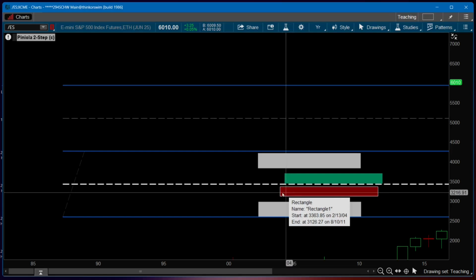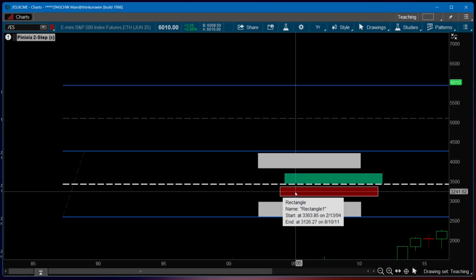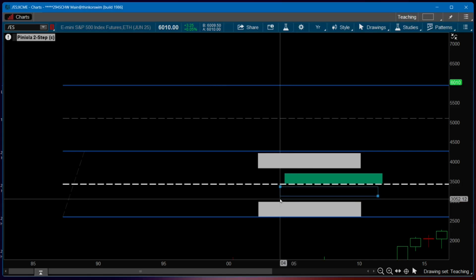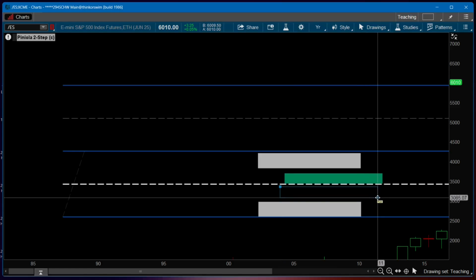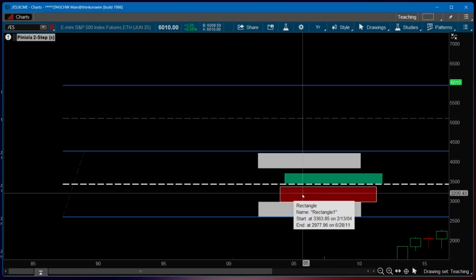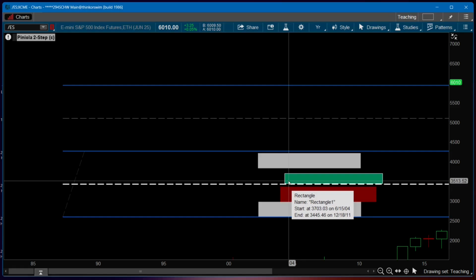If it closes below the 0.5 and then breaks the low of that candle, and it could do it in the next 2 candles, 3 candles, whatever, close in this area. Let me put it back to where it was. A close in this zone and then a break of the low is an automatic exit when I buy here.